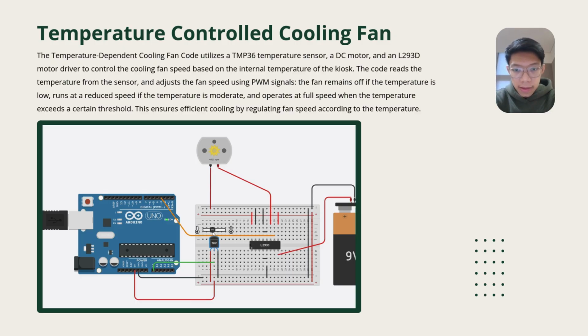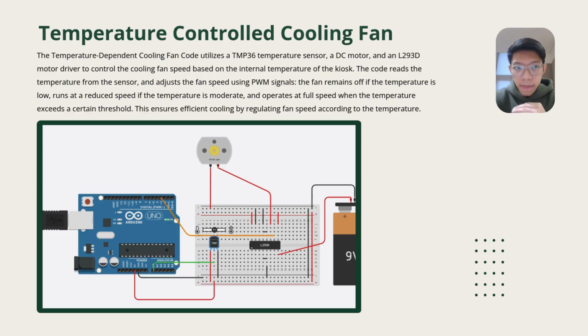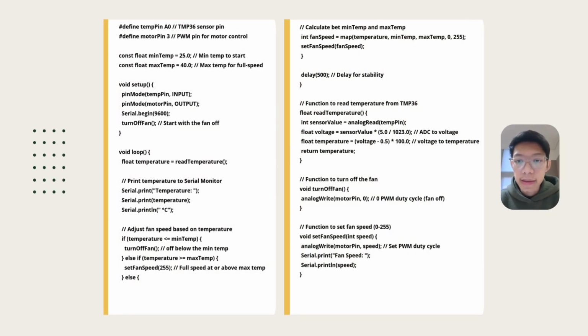But if it is a little bit above the minimum temperature, it will run the fan at a very low speed and then increase gradually according to the temperature. Within its threshold of 40 degrees Celsius in this case, the fan will run at maximum speed.